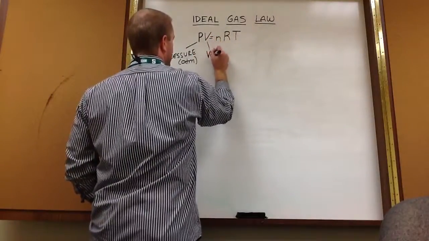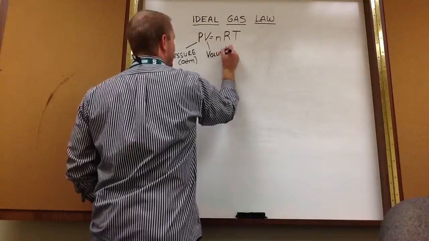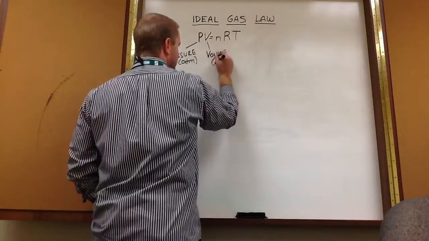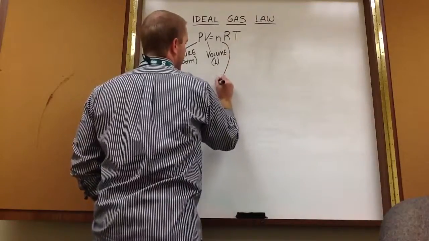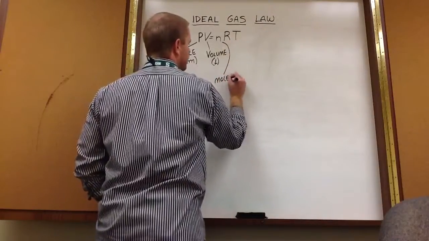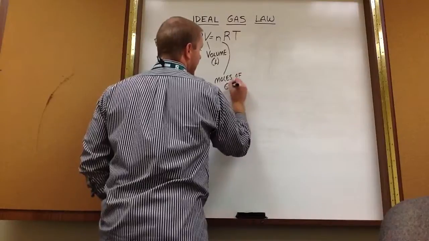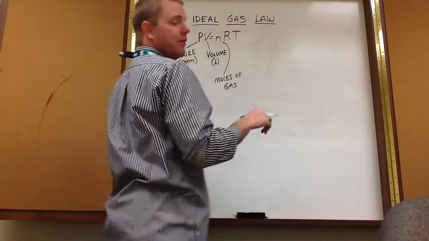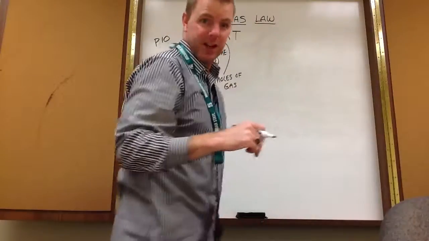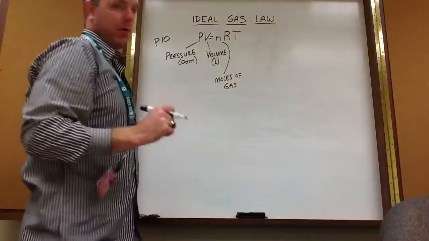V stands for volume, and it must be in liters. N stands for moles of gas. Sometimes this is given to you in grams, and you have to convert it into moles using stoichiometry, and then find the moles.